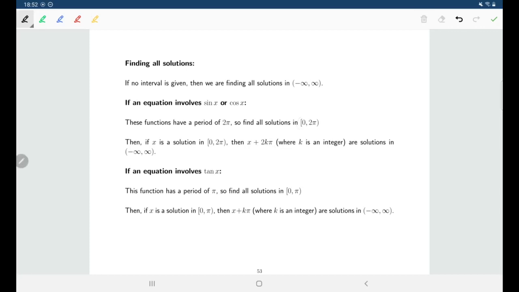The only modification is that if we're looking at an equation with tangent, just remember that tangent has a period of pi rather than 2 pi. So we only need to find solutions between 0 and pi, and then all of our solutions are the solutions that we found plus multiples of pi.